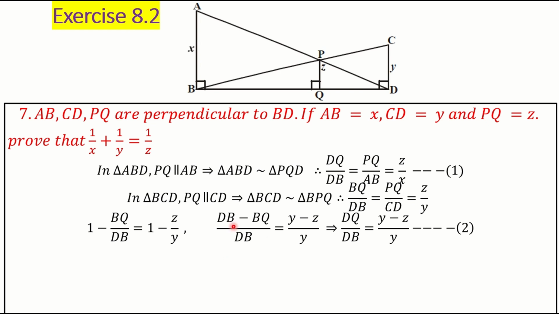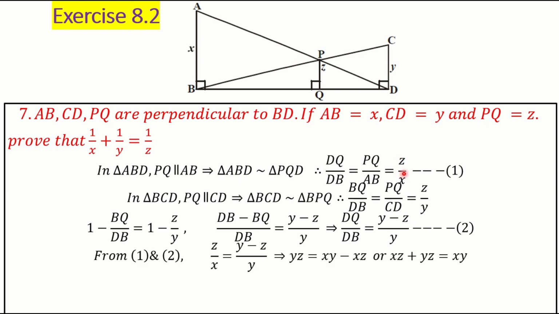DB minus BQ is nothing but QD, or DQ. So DQ by DB equals Y minus Z by Y. DQ by DB we just proved in the first equation is Z by X. Now simplify it, and you will get 1 by X plus 1 by Y equal to 1 by Z.